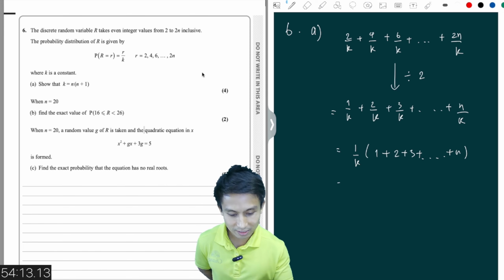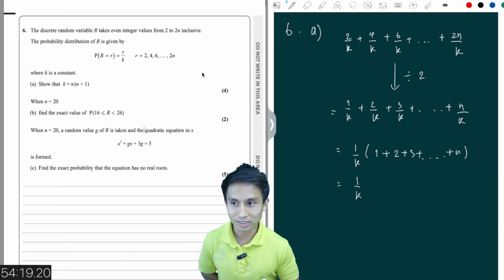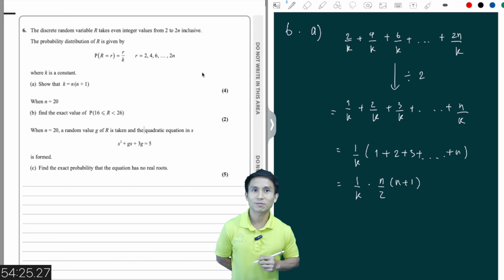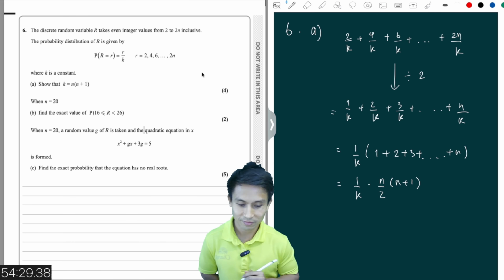And you know that that is the arithmetic sum or series from 1 to n. So that's just n over 2 and n plus 1, isn't it? Yeah, because the common difference is 1, so if you do the formula there, you should get this. Okay?